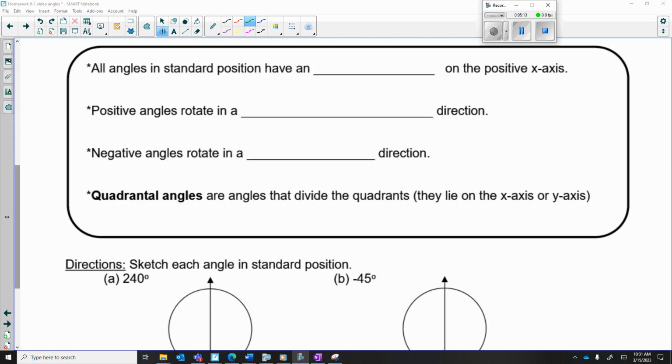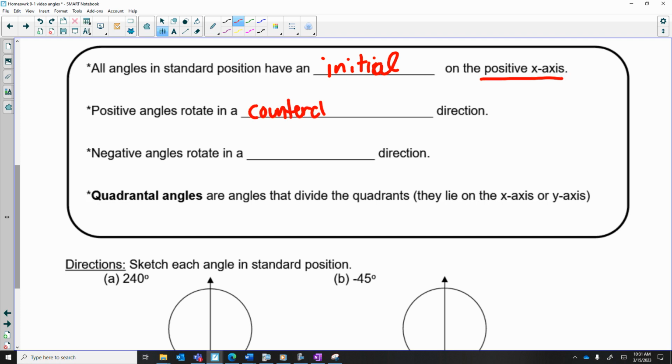So now we can fill in the box down below now that we laid the groundwork. An angle in standard position has an initial or starting side on the positive side of the x-axis. They rotate in a counterclockwise direction, which we said is to the left.